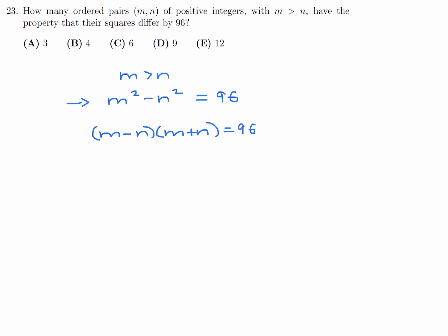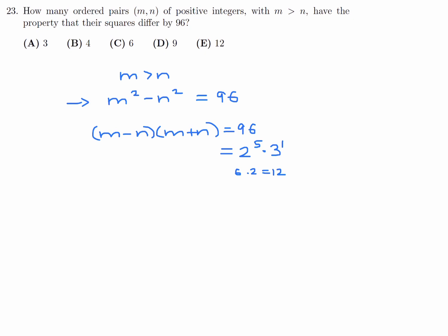All right, well, 96, before I move forward, let's see, what is 96 in terms of its prime factors? It's 2 to the power of 5 times 3. So that's going to give me 6 times 2, 12 factors.